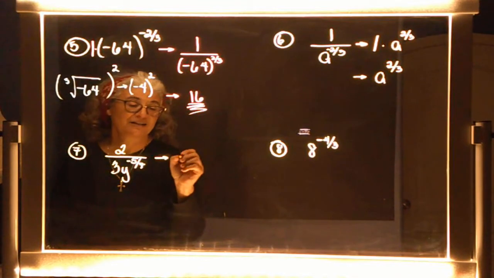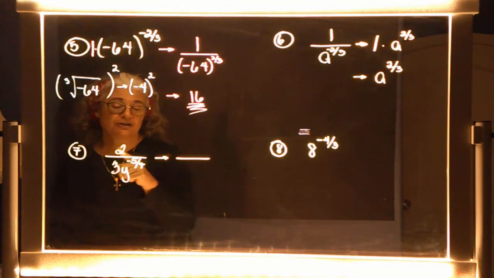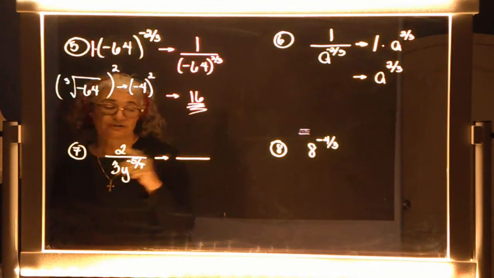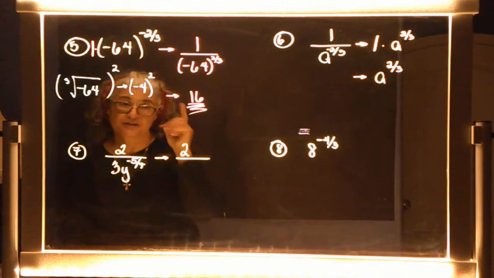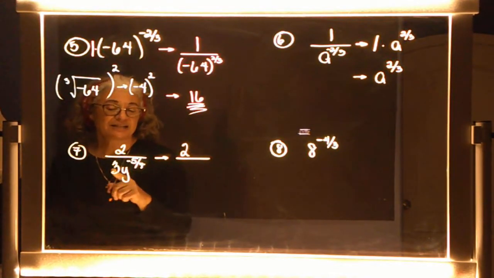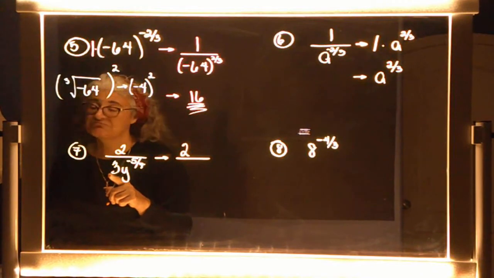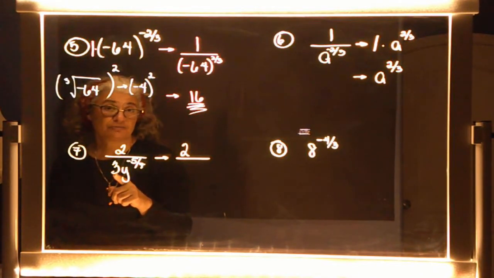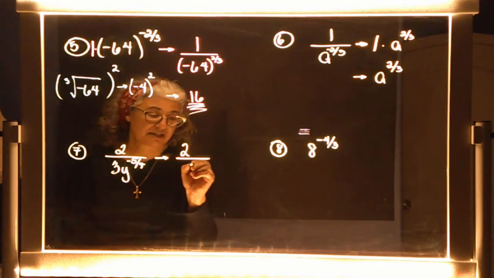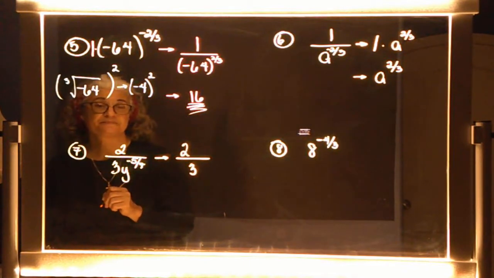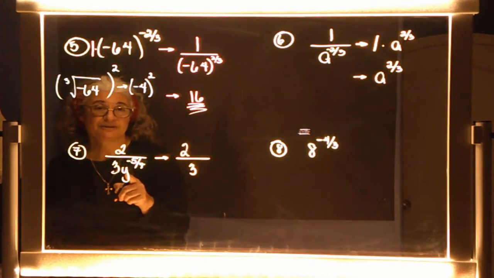So in this case, take a gander. Does the 2 have a negative exponent? No. So does it move? No. So we leave the 2 alone on the top. Does the 3 have a negative exponent? No. So should it move? No. So it stays on the bottom. Does the y have a negative exponent? Yes. It's currently on the bottom. Should it stay there?